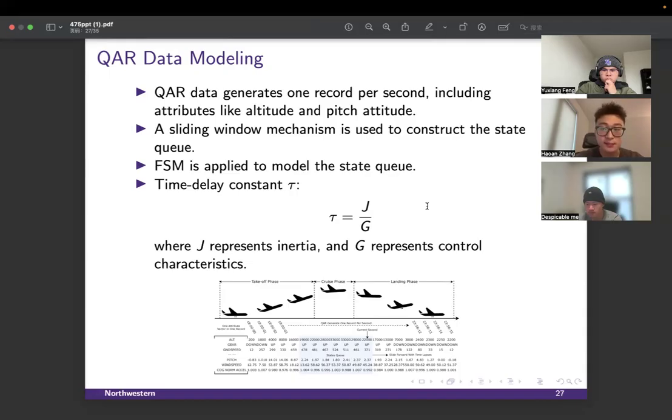By using this approach, the state queue not only describes the current flight status, but also reflects the trends and transitions. You can see this graph illustrates a sliding window example. As the window moves, it includes the data from multiple time points, which are converted into a state queue using the FSM and subsequently fed into the prediction model.